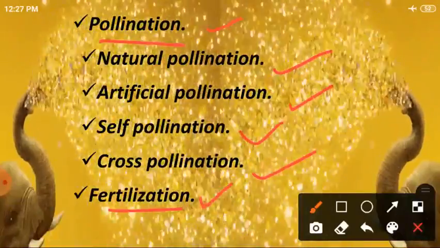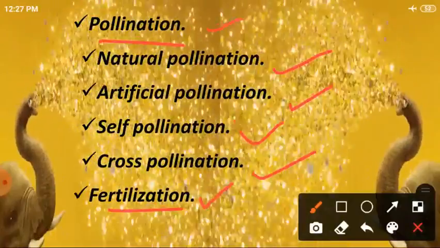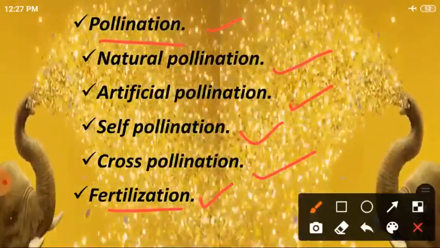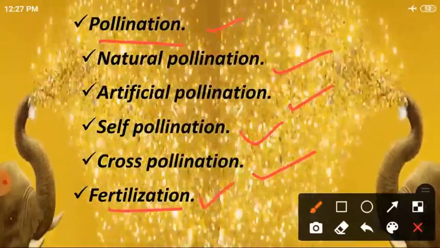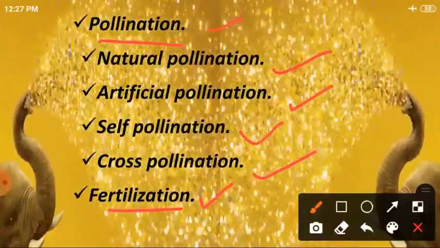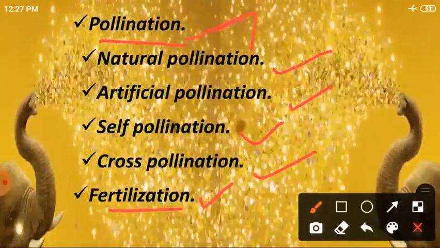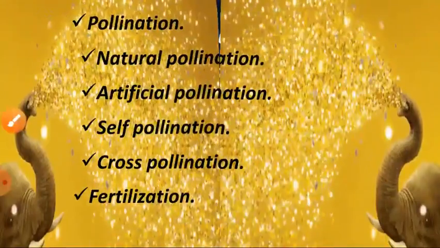What do you mean by sexual reproduction? Sexual reproduction is the process in which a new plant is produced from the seed. For that, the pollination process and fertilization process are important.